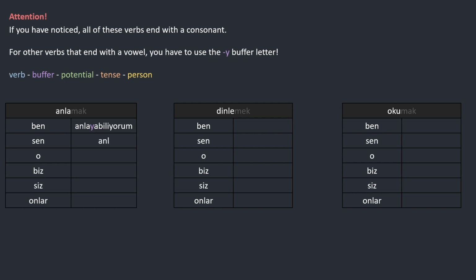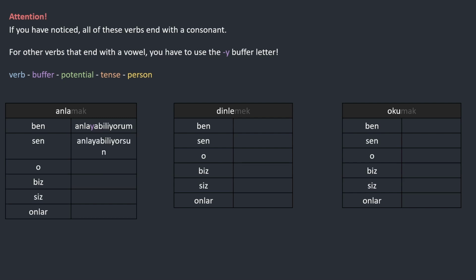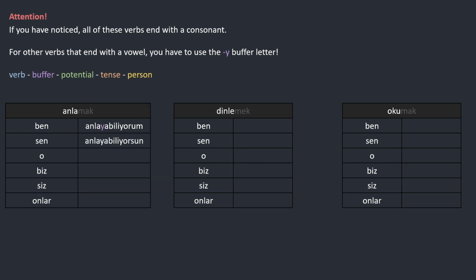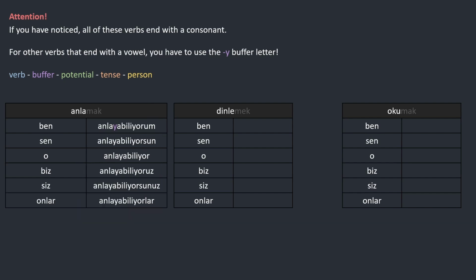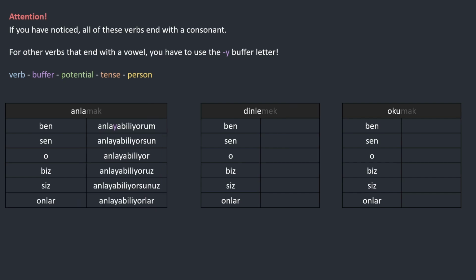Anlayabiliyorsun. Anlayabiliyor. Anlayabiliyoruz. Anlayabiliyorsunuz. Anlayabiliyorlar. Each time you are inserting this Y before the potential.